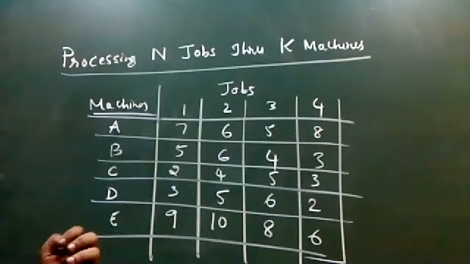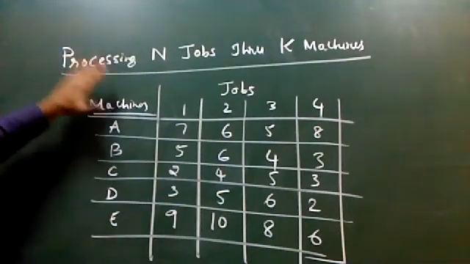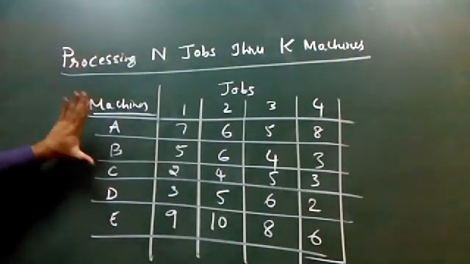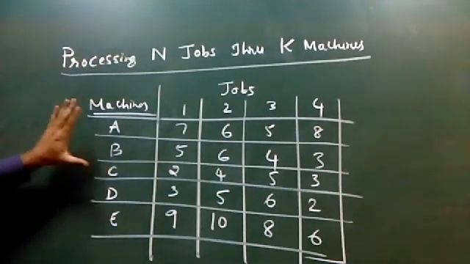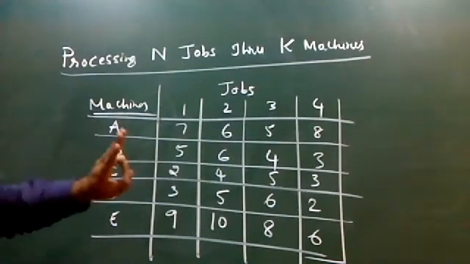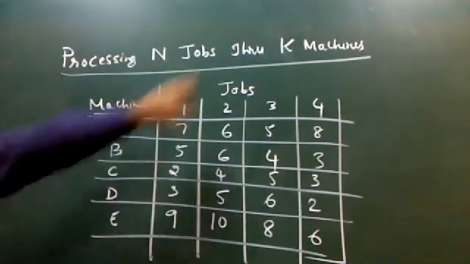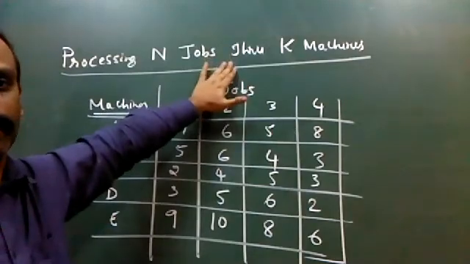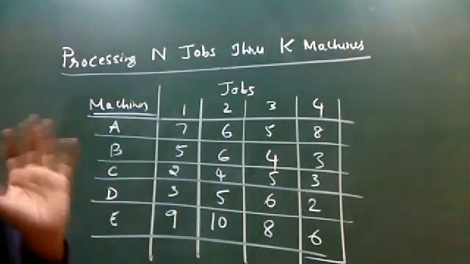Sir, when the number of machines is more than 3, sir. Okay. Anyway, if the number of machines given in the problem happens to be more than 3, then automatically the question comes to category number 3. So this is the point you have to remember clearly.